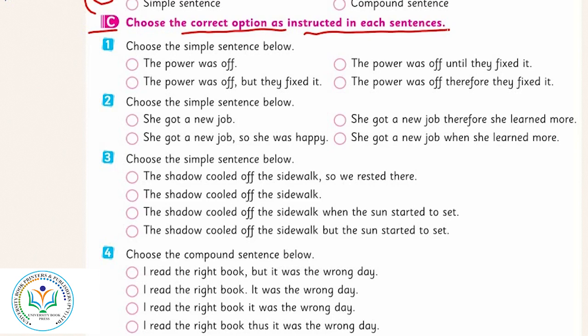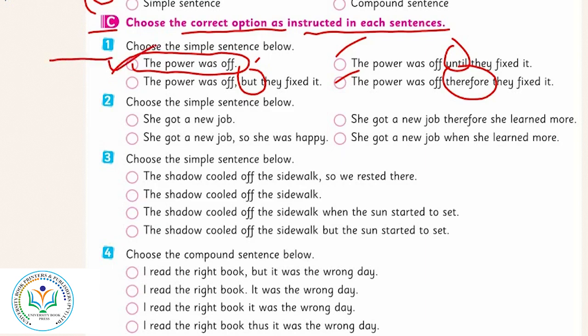The power was off but they fixed it. The power was off, therefore they fixed it. In the other options we have coordinating conjunctions: until, therefore and but. We have no coordinating conjunction in the first sentence, and it is short and simple, so this is a simple sentence. This is the right option.